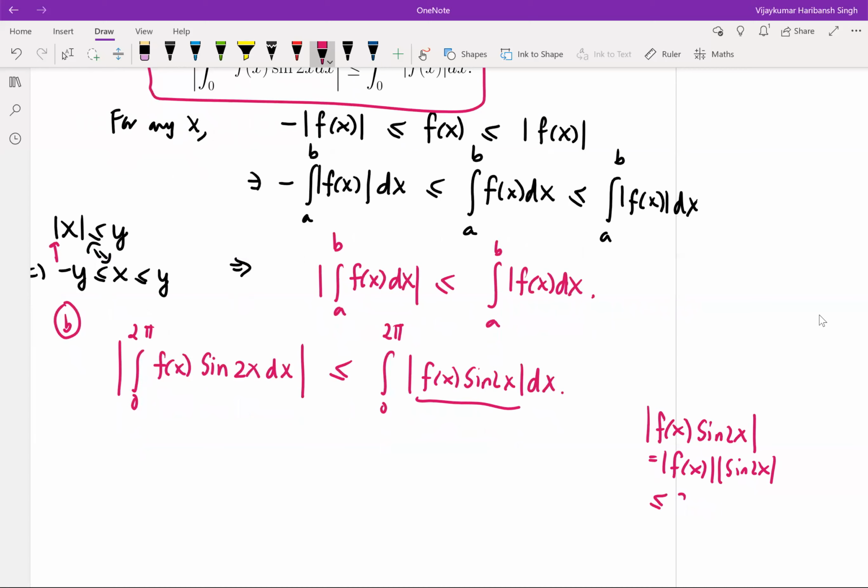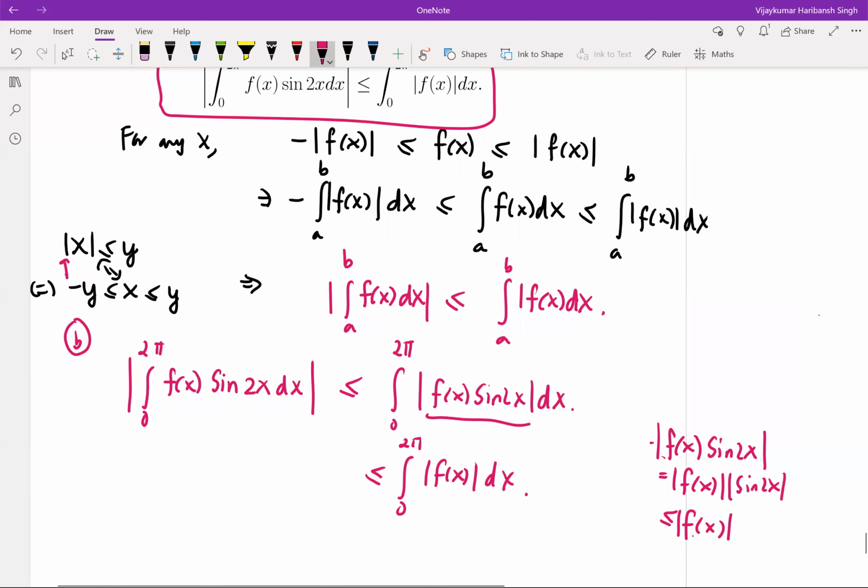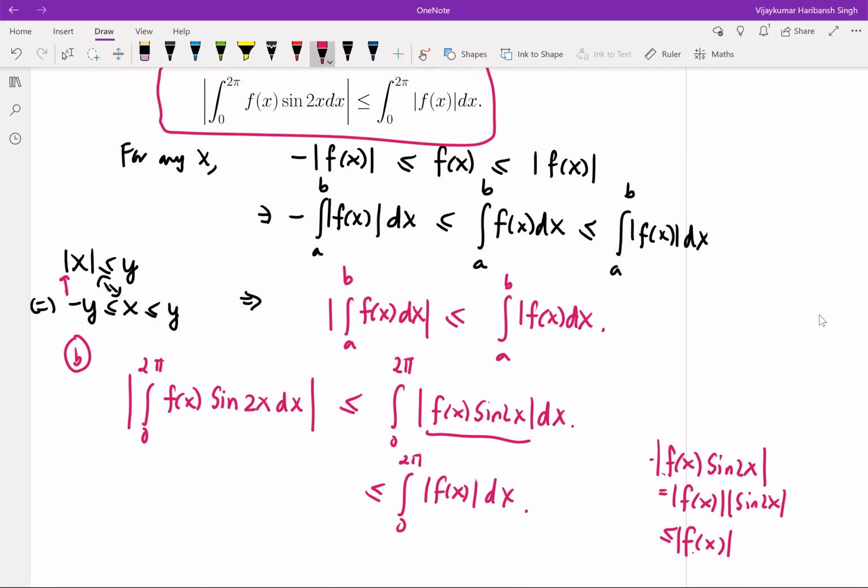So this is going to be less than or equal to the absolute value of f of x. Since this function is less than or equal to that function, the integral of this is less than or equal to the integral of that function. So you have proved the result, and you are able to do it without getting the sign.